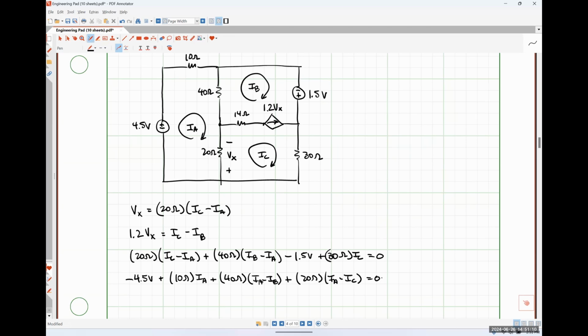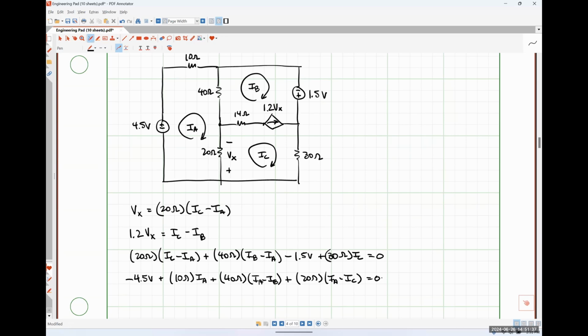Thank you. I just wanted to make sure that 14 ohms in series with the 1.2 Vx is just kind of irrelevant? It's very similar to the in-class assignment problem, right? Because that middle branch shared between mesh B and mesh C contains a current source, we are going to avoid it with our KVL equations.